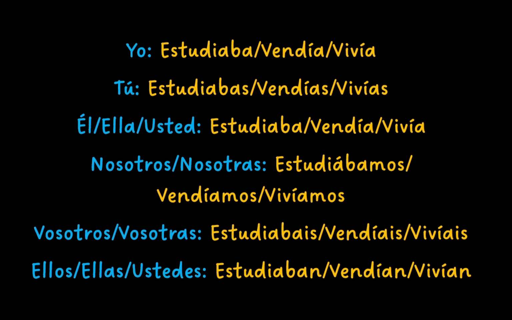And finally, to review these conjugations, for yo it's estudiaba, vendía, and vivía. For tú it's estudiabas, vendías, and vivías. For él, ella, and usted, it's estudiaba, vendía, and vivía.